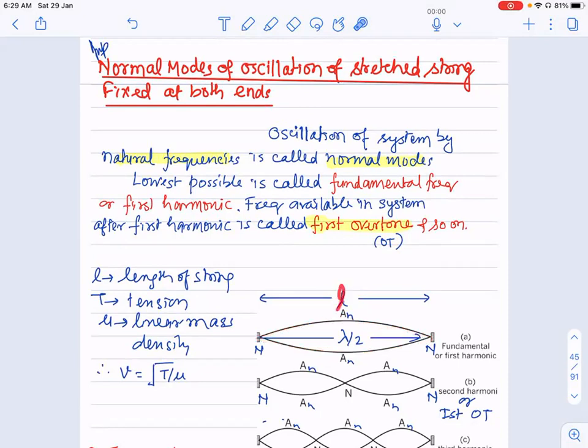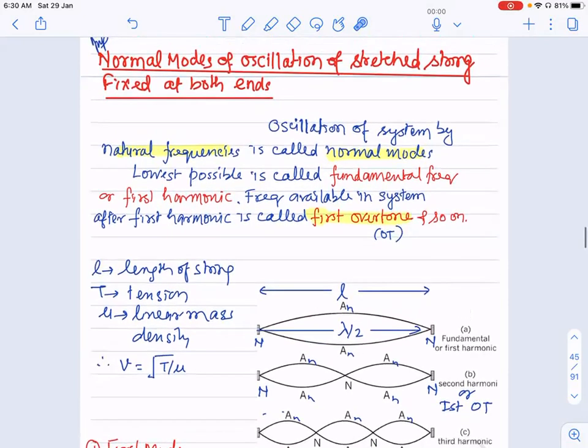If L is the length, T the tension, mu the linear mass density, V is equal to under root of T by mu. Already we have done this point. After that, when you increase the frequency, it will convert into 2 loops.